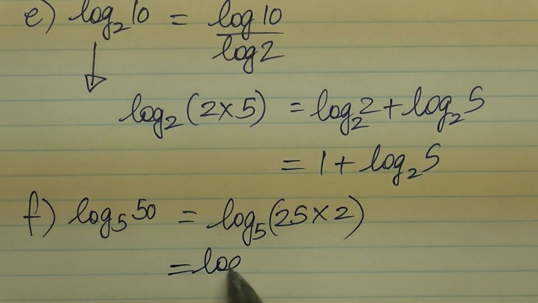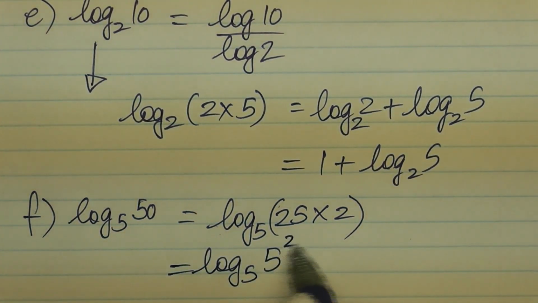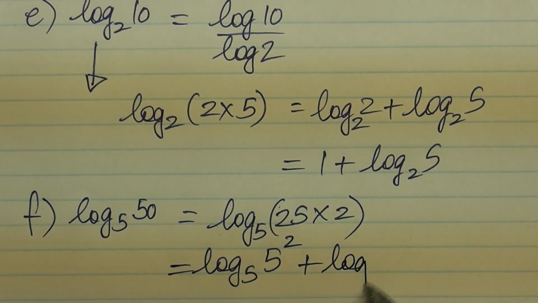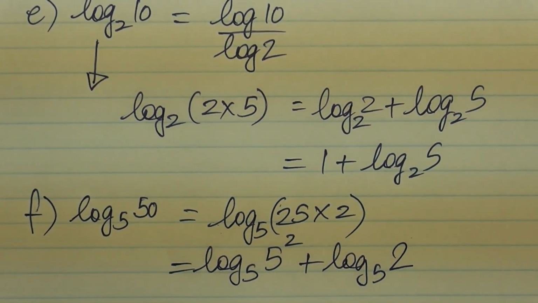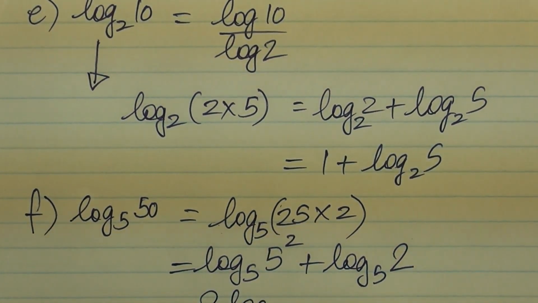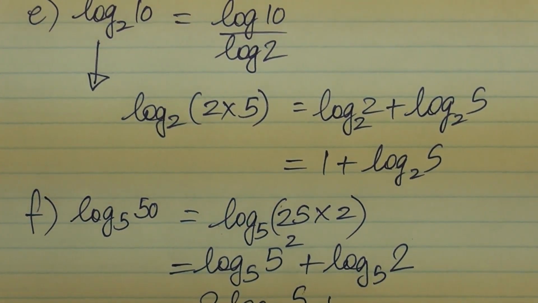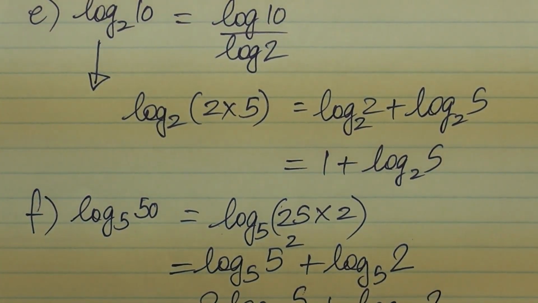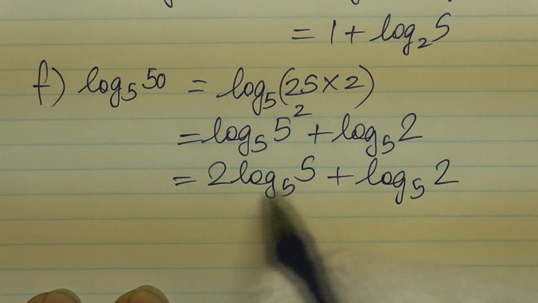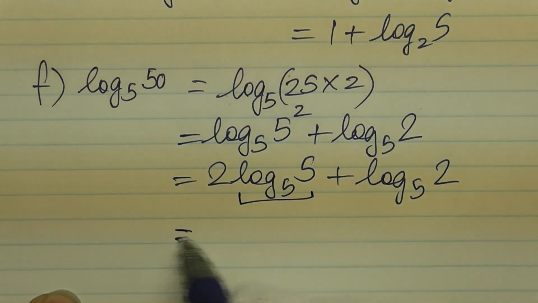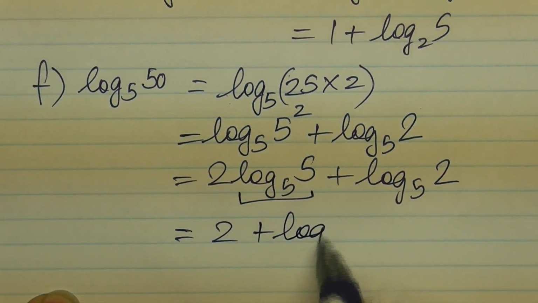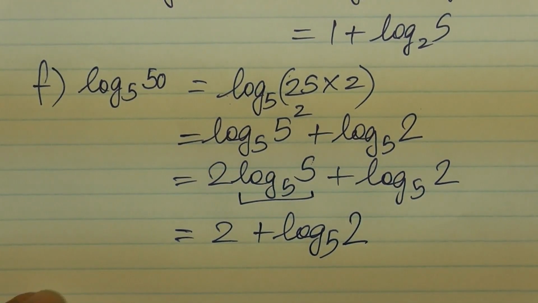So log base 5 of 5 squared plus log base 5 of 2. This is the same as 2 log base 5 of 5 plus log base 5 of 2. This is the same as 1, so this becomes 2 plus log base 5 of 2.